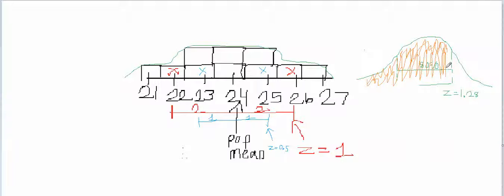And if the middle area is 80%, then the two tails have to be 10% and 10%. If you want to find the tails, what you do is you subtract 80% from 100%, and you get 20%.